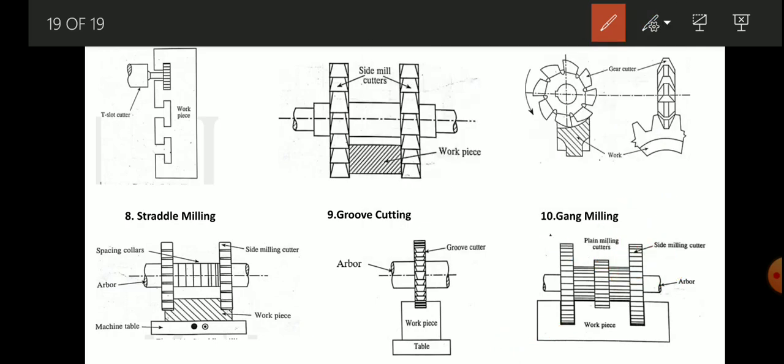It is a process of machining several operations on the surface of the workpiece simultaneously by feeding the workpiece through a number of cutters which have different diameters. This operation saves a large amount of machining time.